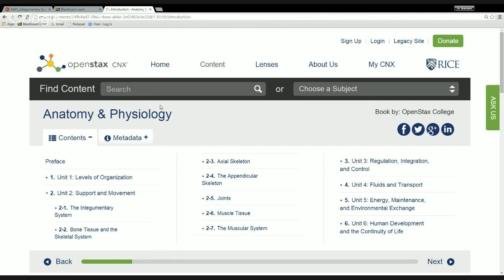And then there's 2 chapters here, the axial skeleton and the appendicular skeleton, that are the more lab-based information about where bones are in the body. The assignments that you have, the bones, parts 1, 2, 3, and 4, are out of the bone tissue chapter. Okay? The lab material in the next 2 chapters is basically like what you have in the lab manual, just the names of bones and where they are and what they look like.